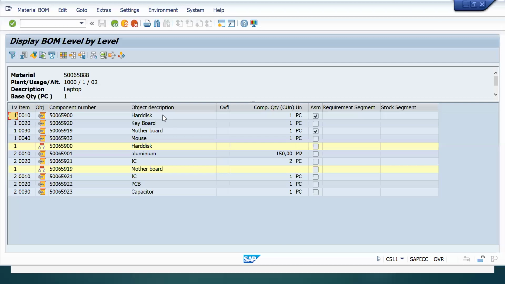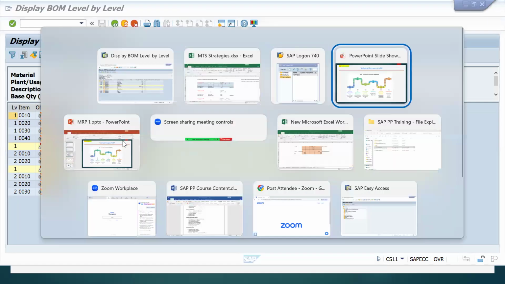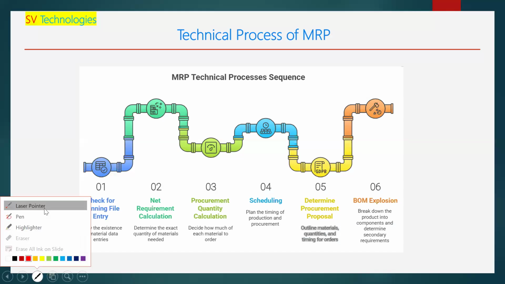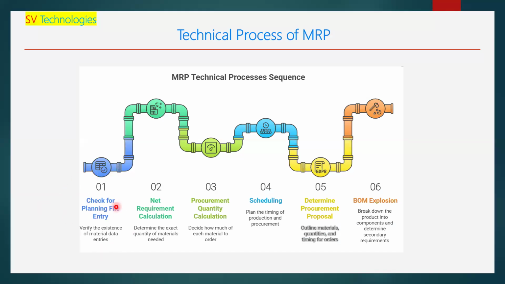So what will happen is, once we run MRP, the system internally, that is the technical part, will generate one planning file. I'll show you in the system how it will be activated. The system will check this planning file entry, whether that particular material is relevant for planning or not.